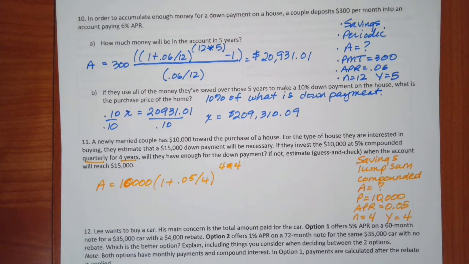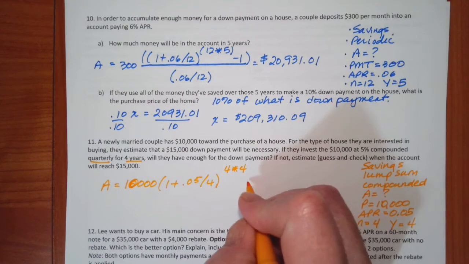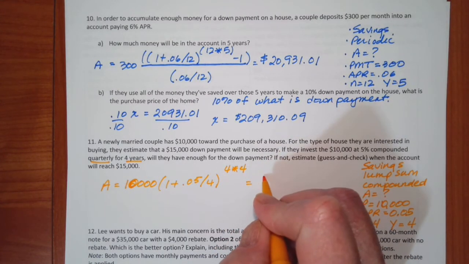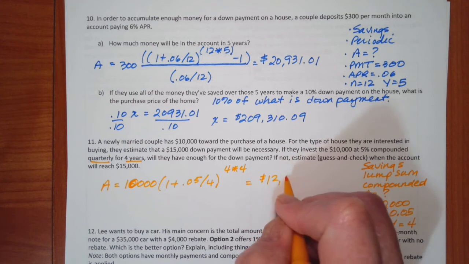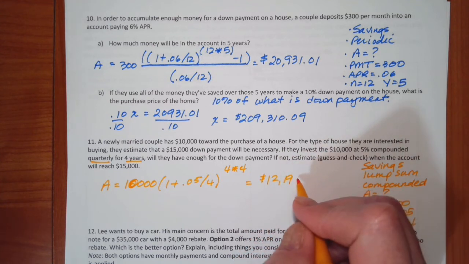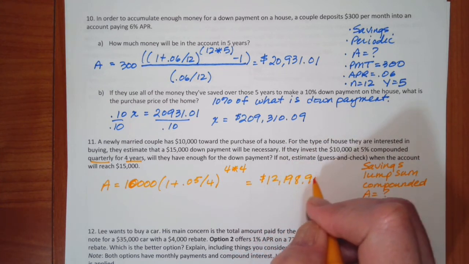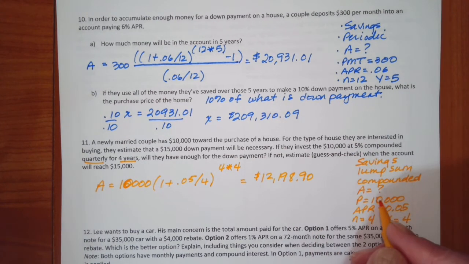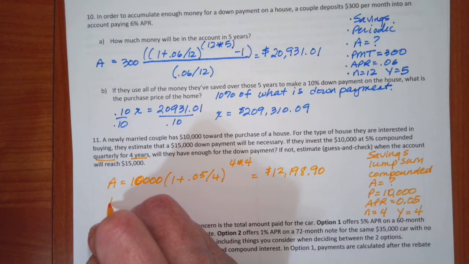So 10,000, I think I did it wrong. 1 plus 0.05 divided by 4 to the 4 times 4. And the answer is $12,198.90. Okay. So do they have enough? No.